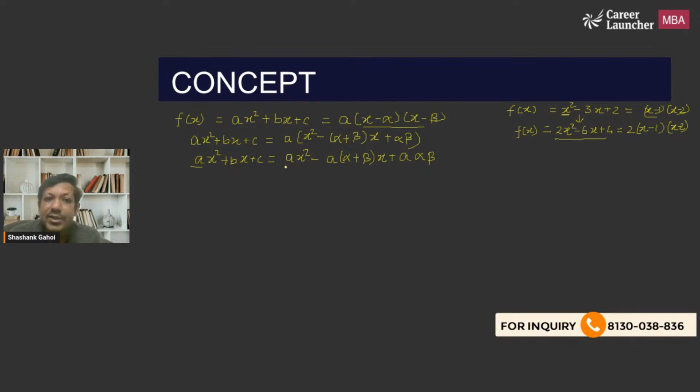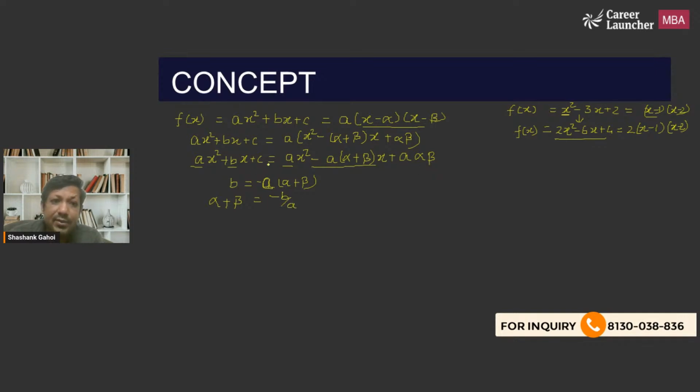A. What is the coefficient of x? B. Coefficient of x is minus a times alpha plus beta. So what can I say about alpha plus beta? So alpha plus beta can be said as minus b upon a.